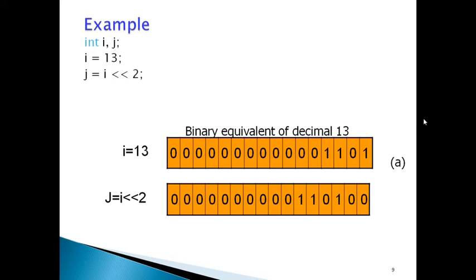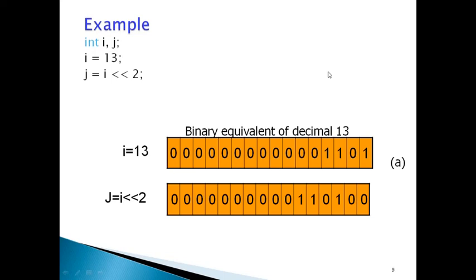Here the 1 in the 0th position is shifted to the second position, the 0 is shifted to the third position, the 1 to the fourth position, the fifth position, like that the bits are left shifted.